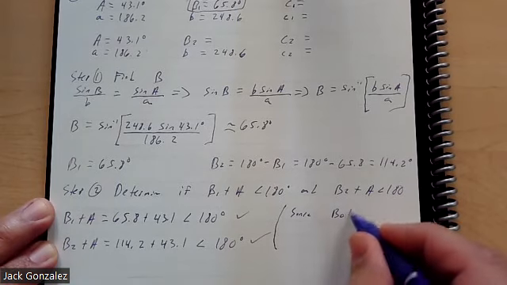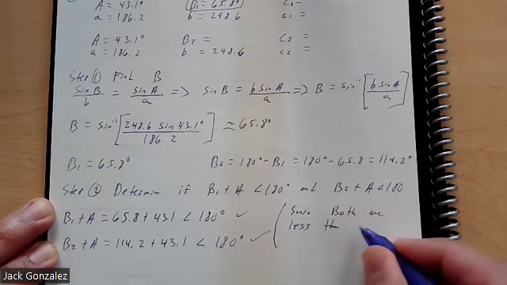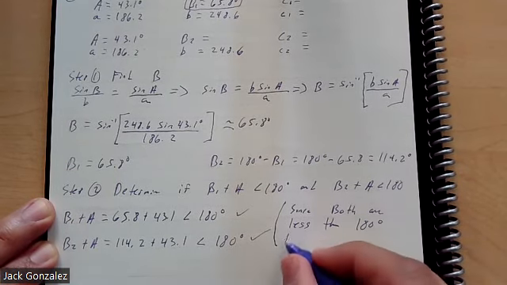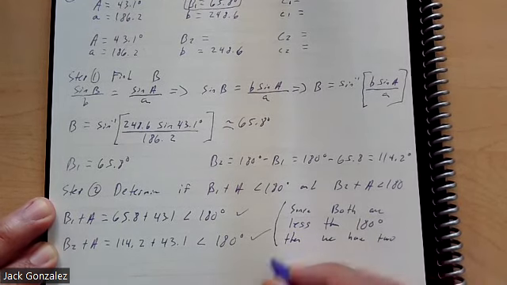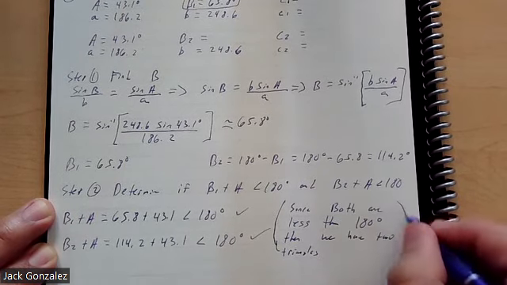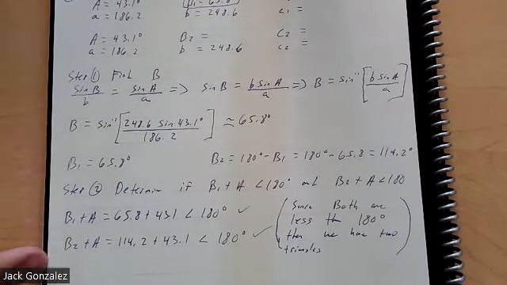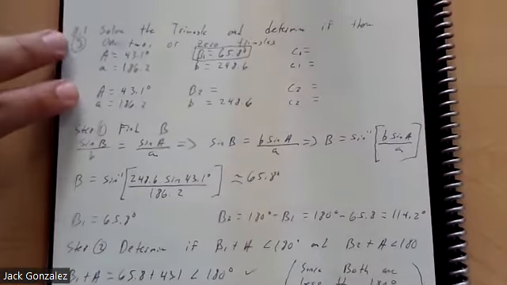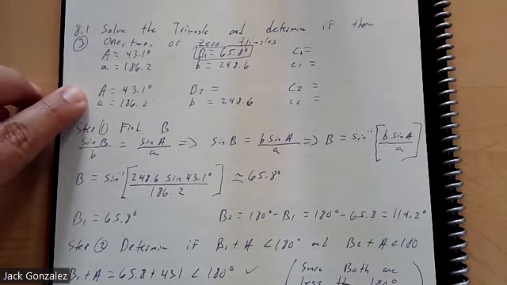Since both are less than 180, then we have two triangles. That's how we determine. So we're going to use B2. This is when you decide, okay, I'm going to need a new set right here, two sets. Does that make sense? We shouldn't assume to begin with. B2 is 114.2.